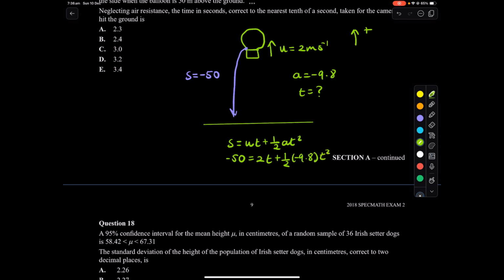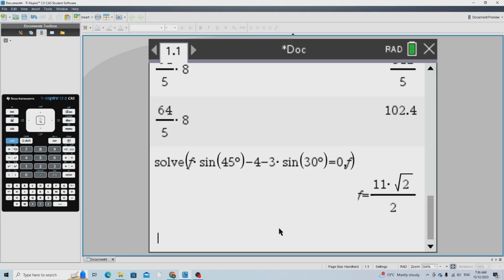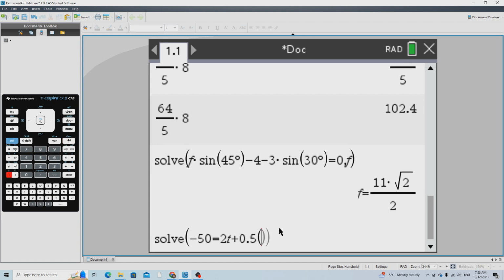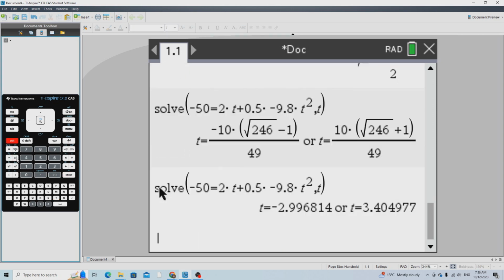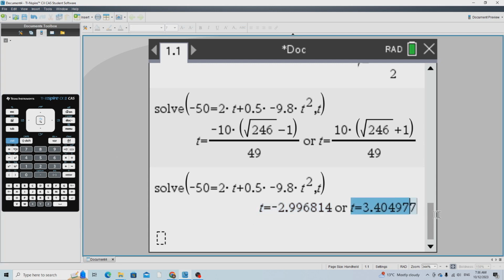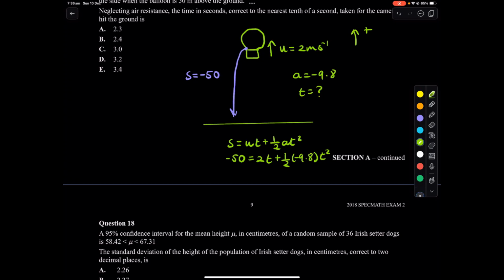We use our calculator to calculate the value of T. So solve negative 50 equals 2t plus 0.5 negative 9.8 t squared, comma t. We get two values of t. Of course, t has to be greater or equal to 0 because time can never be negative. So it must be this. So 3.4, which looks like the answer for that one.